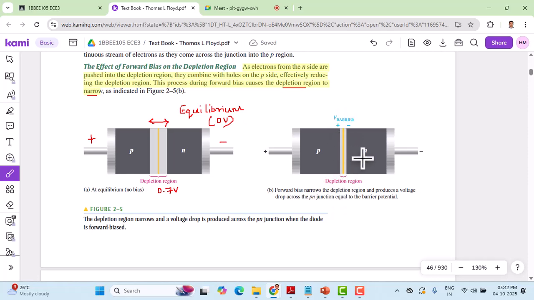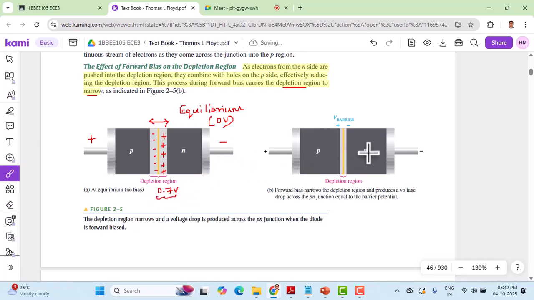This is because the charge carriers move from the n side to the p side here. Here we may have a lot of electrons in equilibrium, so a lot of electrons on the n side, and holes on the p side. This creates a barrier potential here.